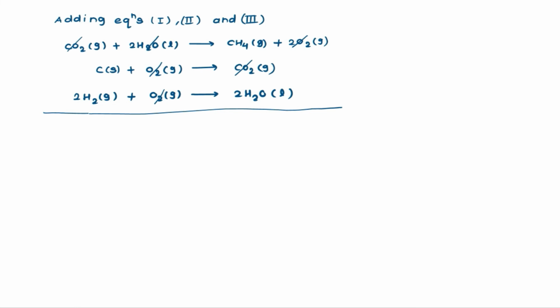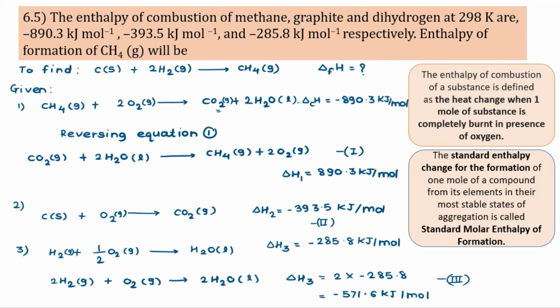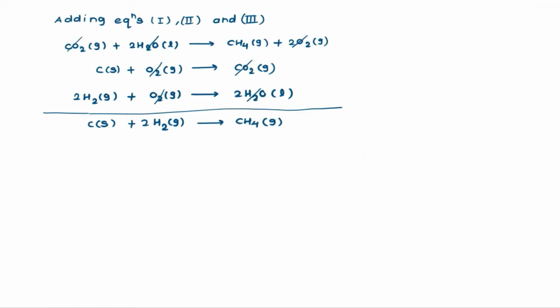Then 2H2O will get cancelled with 2H2O. And finally, the remaining quantities are C solid plus 2H2 in gaseous state gives CH4 in gaseous state. This is our required equation, C plus 2H2 gives CH4.